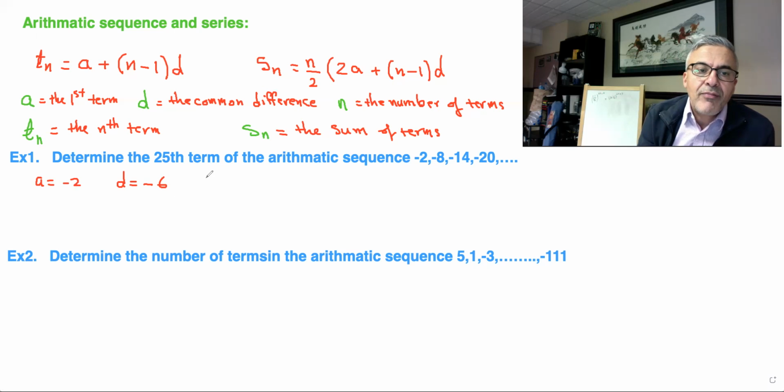And they say find the 25th term, so n is 25. So just plug it into this formula because they're asking you to determine the 25th term, not the sum of the first 25 terms, just the 25th term. So you go T25 equals a, which is -2, plus n minus 1, so 25 minus 1, times d, which is -6.